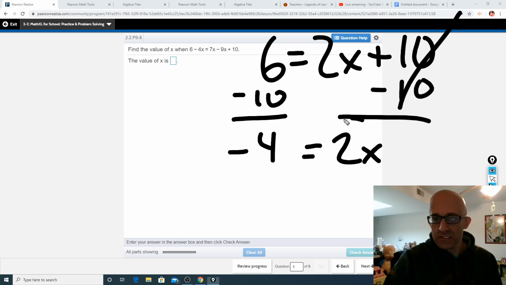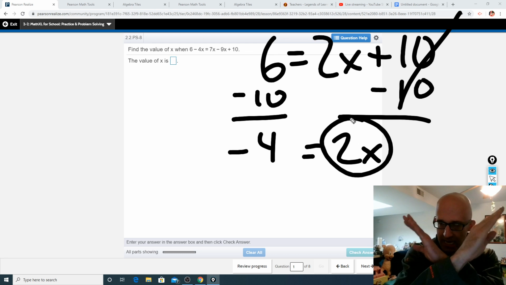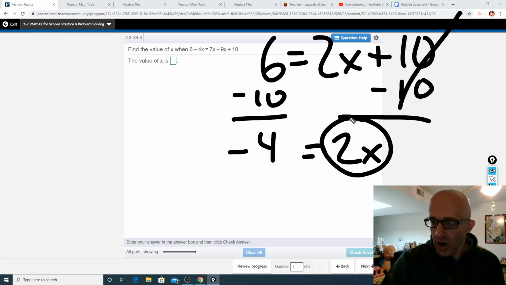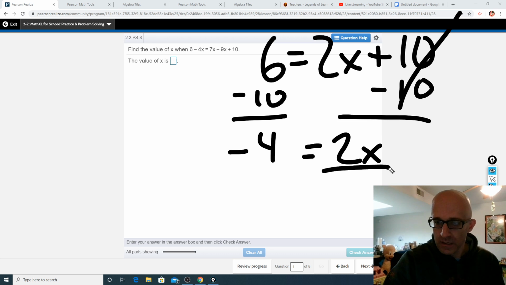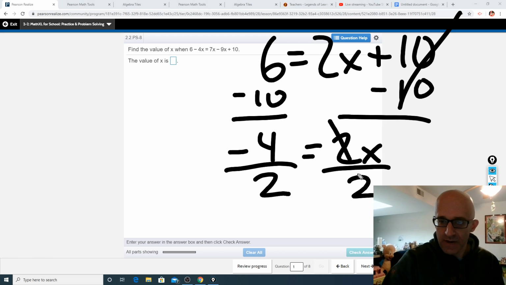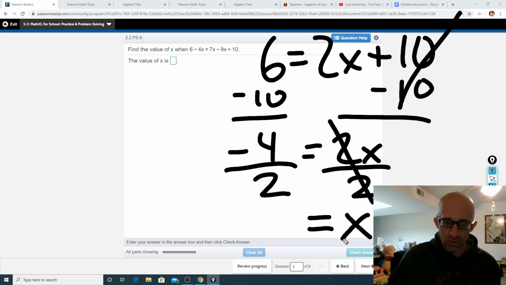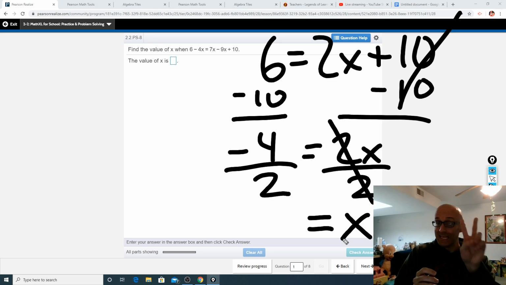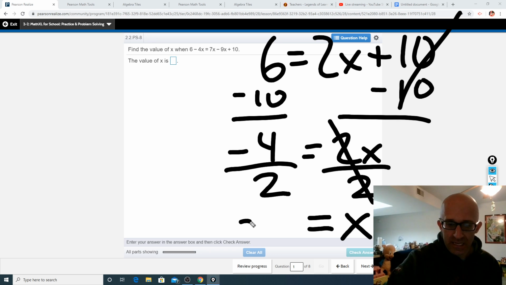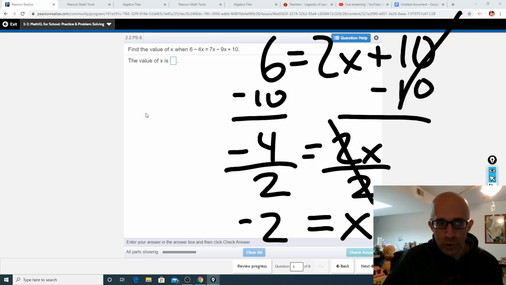How do we get x by itself? If we have 2 times x, the inverse of multiplication is going to be dividing. Divide. x equals negative 4 divided by 2, which is negative 2.